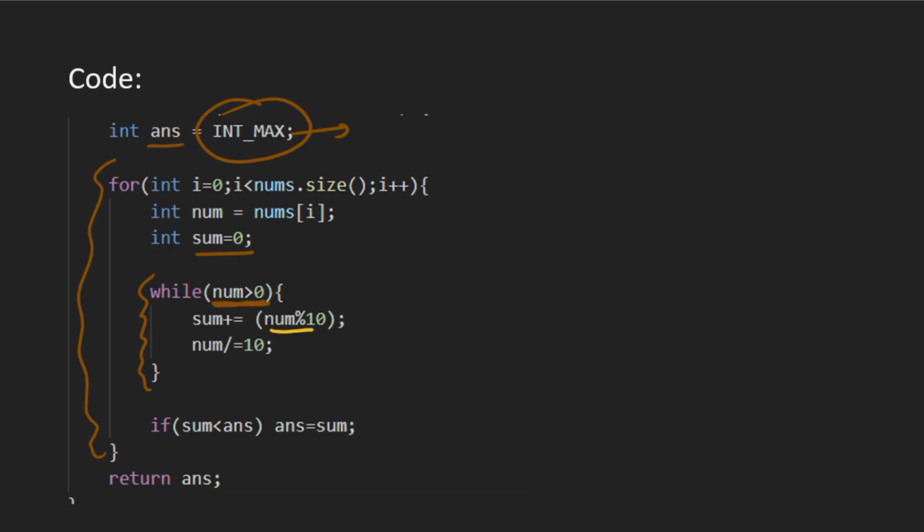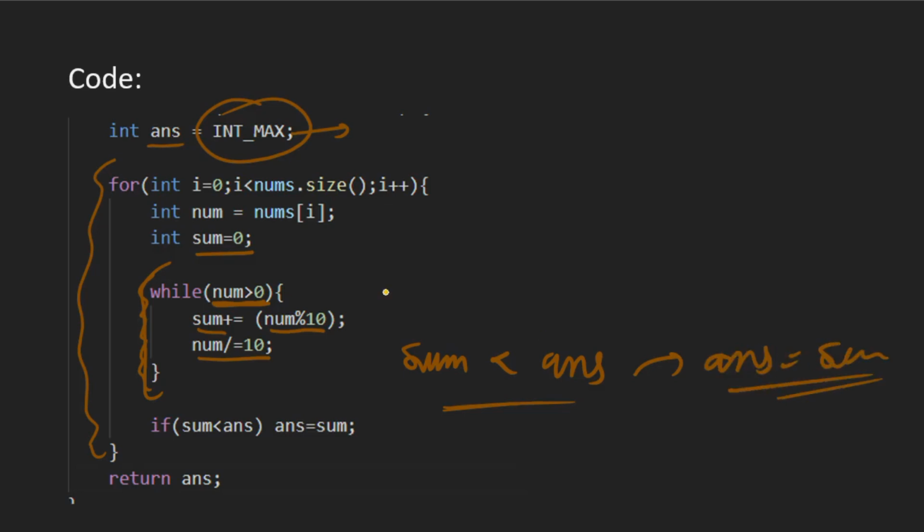We add the last digit to our sum, and then remove that last digit, right? And after this while loop we get our sum of the digits. Then we check whether sum is less than answer. If yes, then we update our answer to sum. And after processing all the numbers, we return our answer.